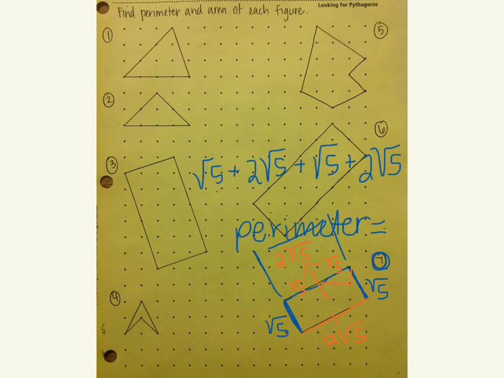So altogether, how many square roots of 5 do I have? This counts for 1, 2, 3, 4, 5, 6. Altogether, I have 6 square roots of 5. And the reason I could add them together is because they were all like terms. They were all square roots of 5. So my perimeter for number 7 is 6 square root of 5.